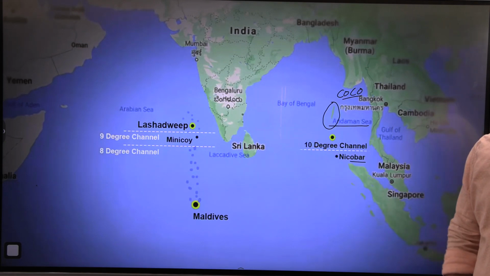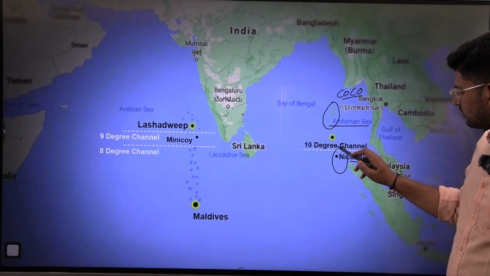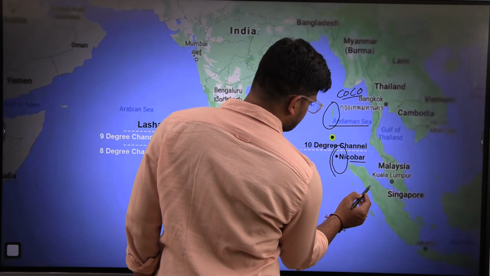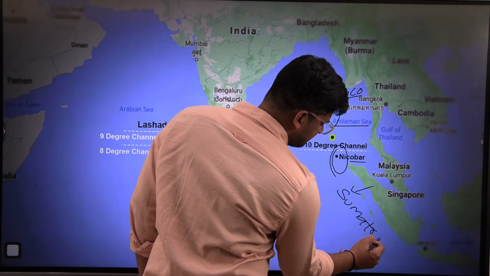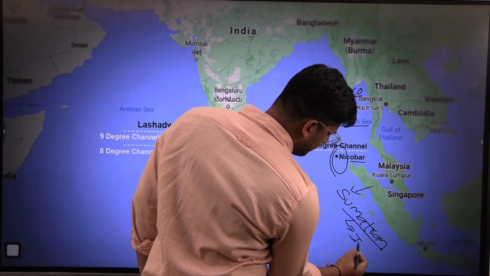These islands are of Myanmar. And similarly, Nicobar Islands are close to Sumatran Island. Sumatran Island is part of which country? Indonesia.